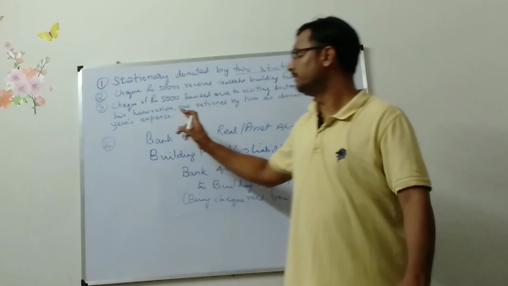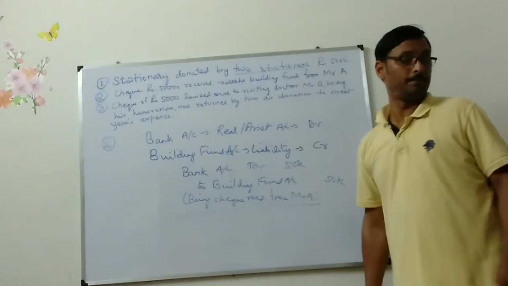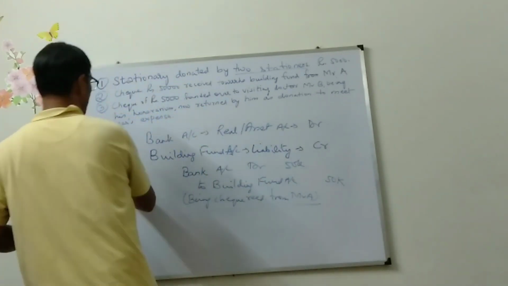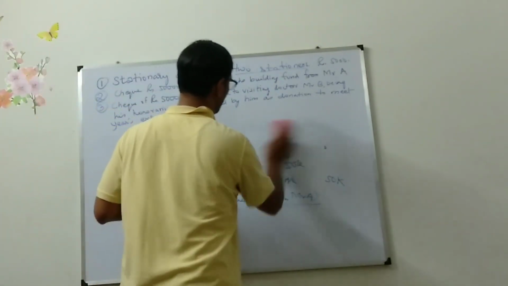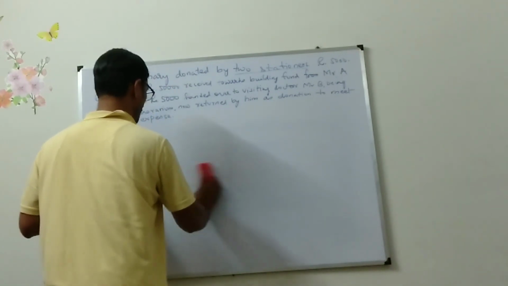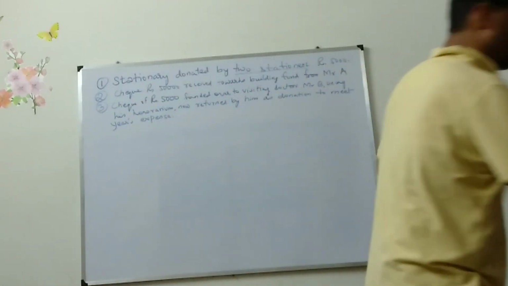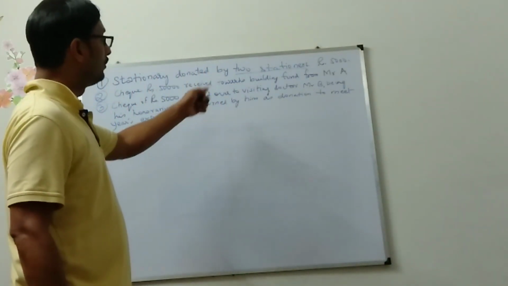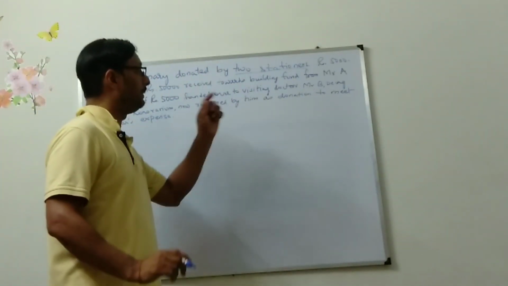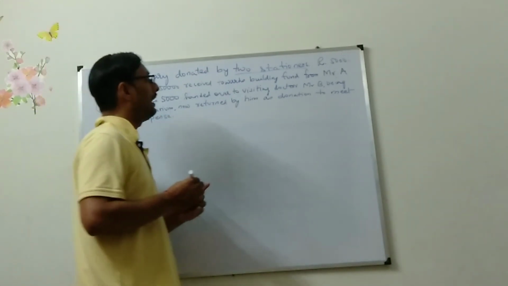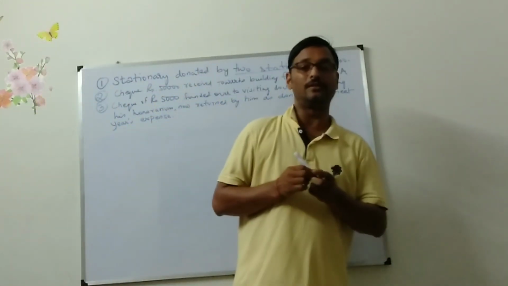Now come to question number 3. Check of rupees 5,000 handed over to visiting doctor Mr. B, being his honorarium, now returned by him as donation to meet the year's expenses.